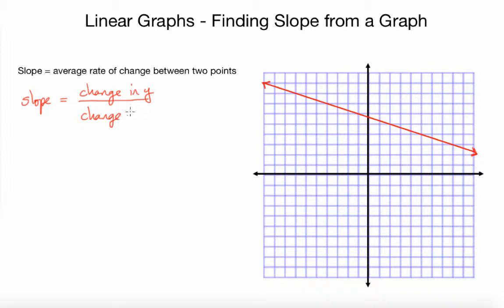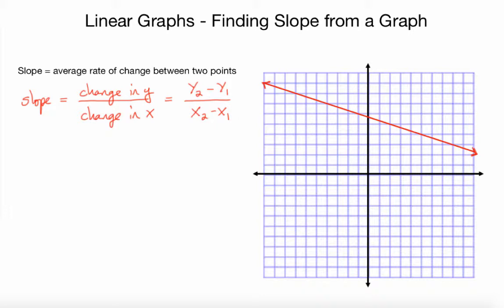Again, if I find those things, that'll give me my average rate of change. To find the change in y, we can just take 2 points and subtract the y values, and then subtract the x values to get the change in x. And then I divide those two things together.